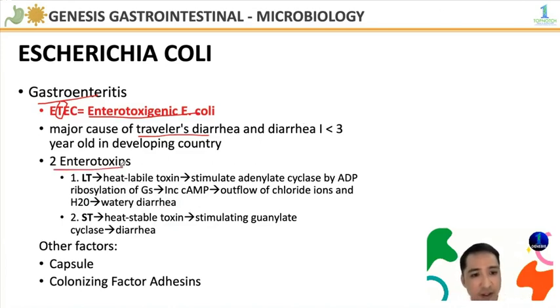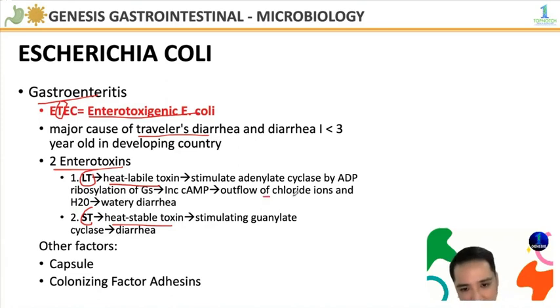Two enterotoxins are associated. We have your heat labile toxin, which is your LT, and your heat stable toxin, which is your ST. Your LT toxin mimics the Vibrio cholera. Does it ring a bell? It mimics the Vibrio cholera, increasing the ribosylation, increasing level of your cAMP.